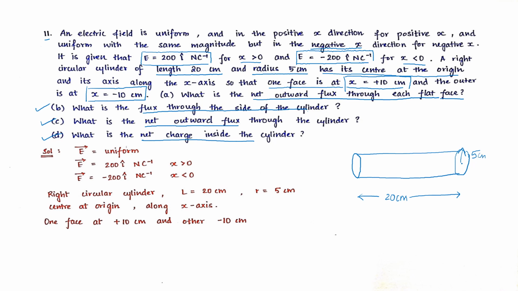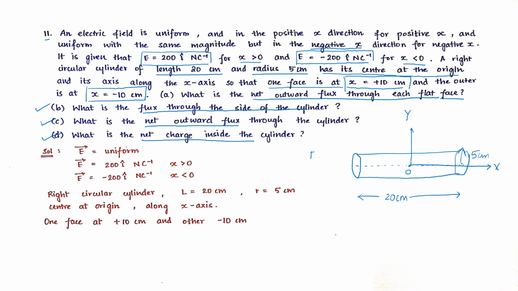This center of the cylinder, the midpoint, is center O, the origin. We can take the x-axis and y-axis. Now there are three surfaces at which we need to find the flux.